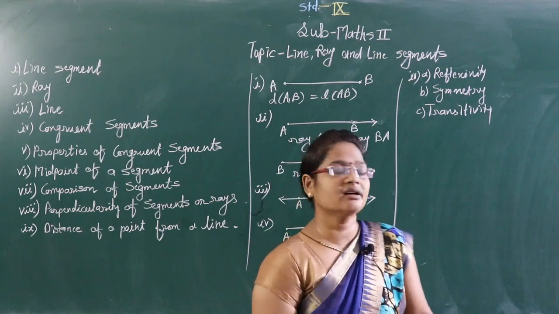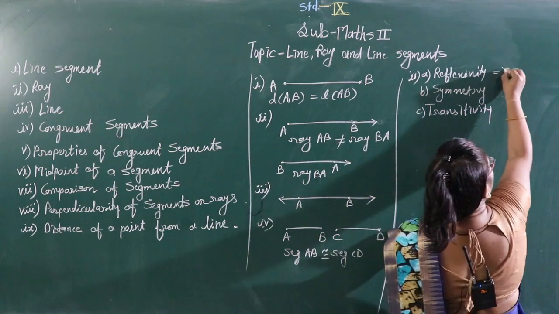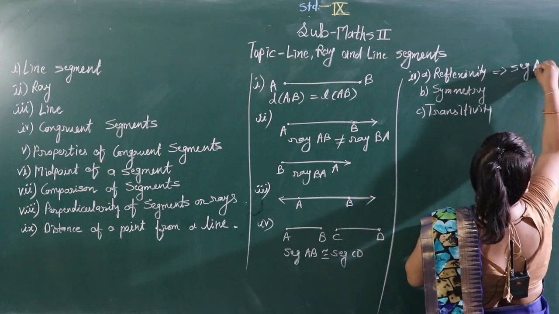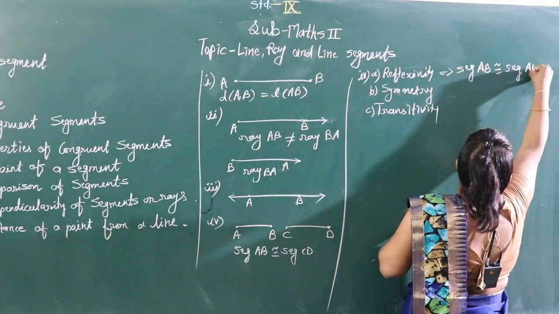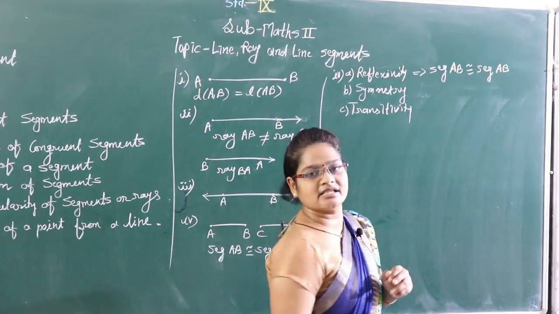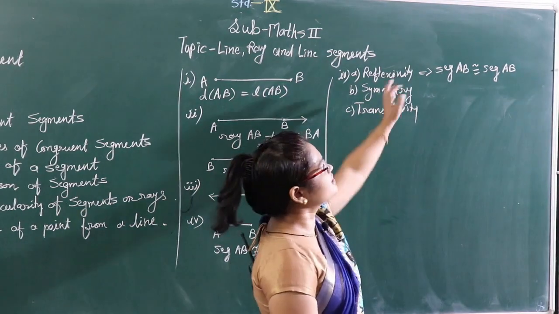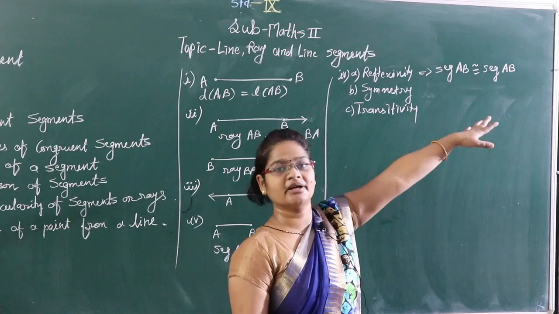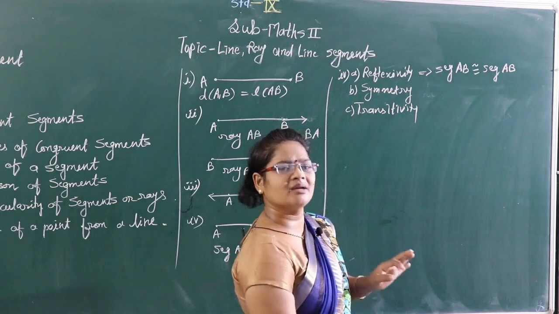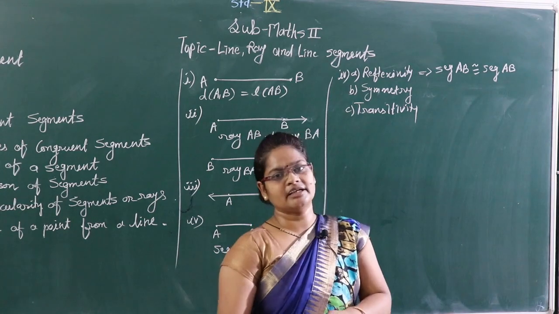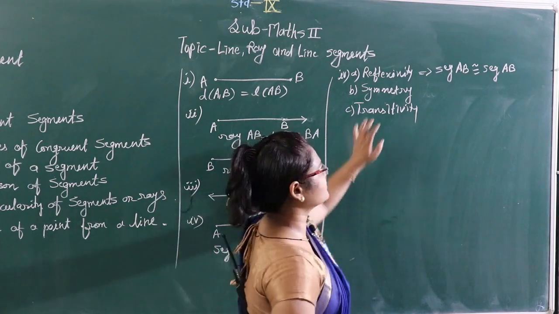So what does reflexivity mean in mathematics? Segment AB is congruent to segment AB, that is called reflexivity. Simply, reflexivity means mirror image. The same term is equivalent to the same term.